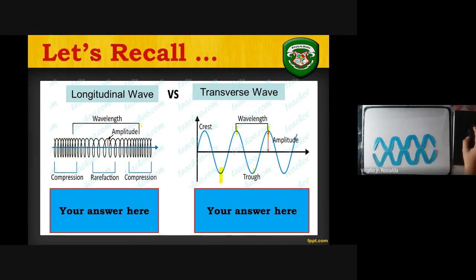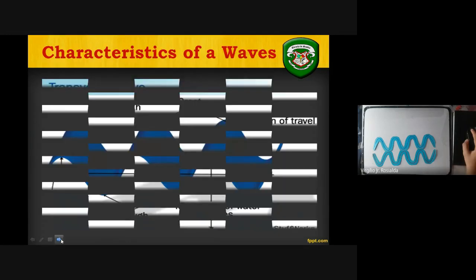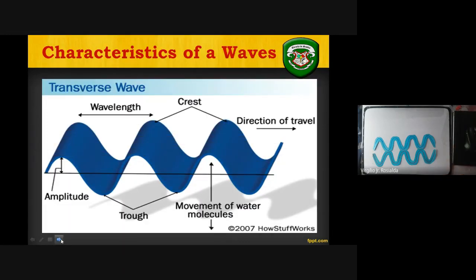While in the longitudinal wave, we measure the wavelength through the compressions of this longitudinal wave. So through compression natin siya mini-measure. From one compression to another compression, that's how you measure the wavelength. Actually, an electromagnetic wave is a transverse wave.